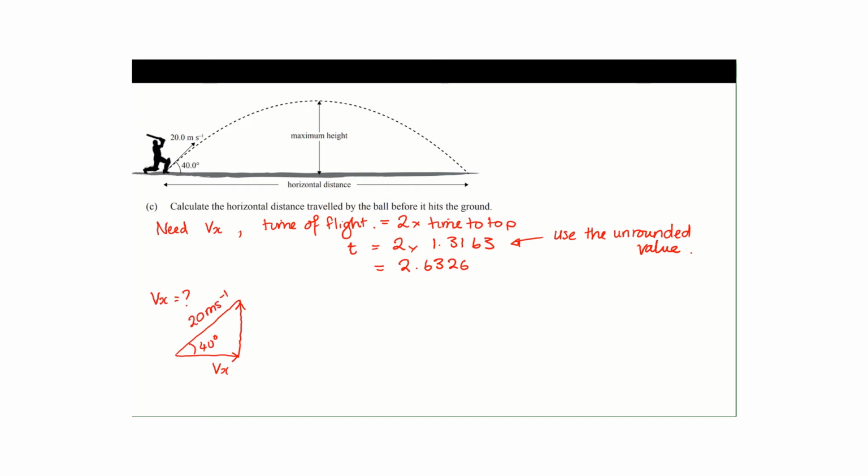So Vx equals 20 times cos of 40 degrees. You can work that out for yourself, and this would equal 15.3209.